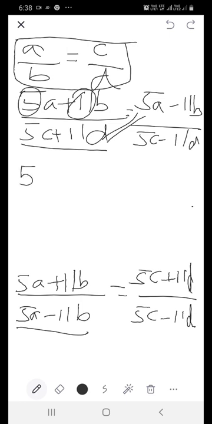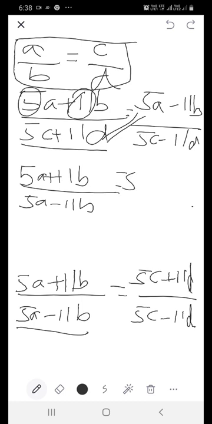So it will become 5a plus 11b, 5a minus 11b is equal to 5c plus 11d upon 5c minus 11d.